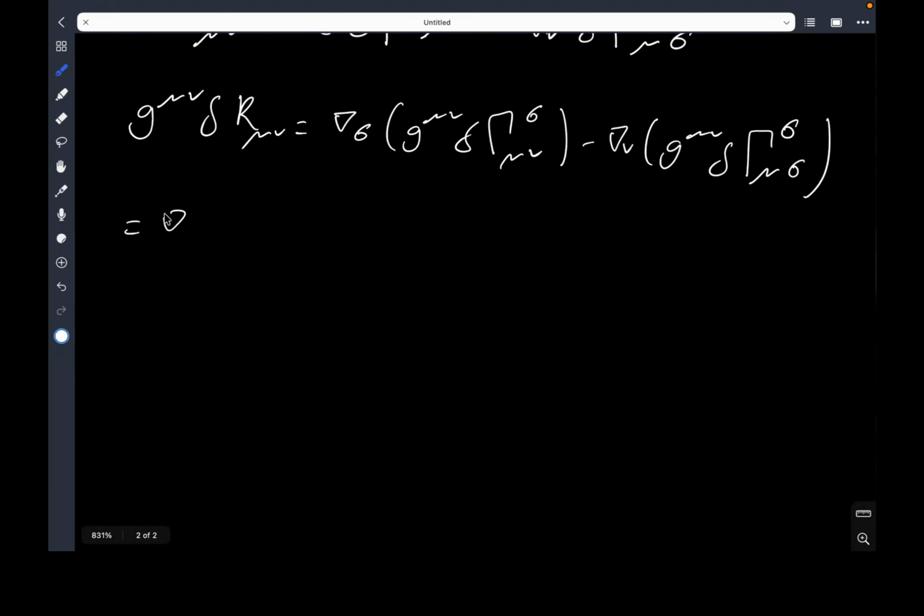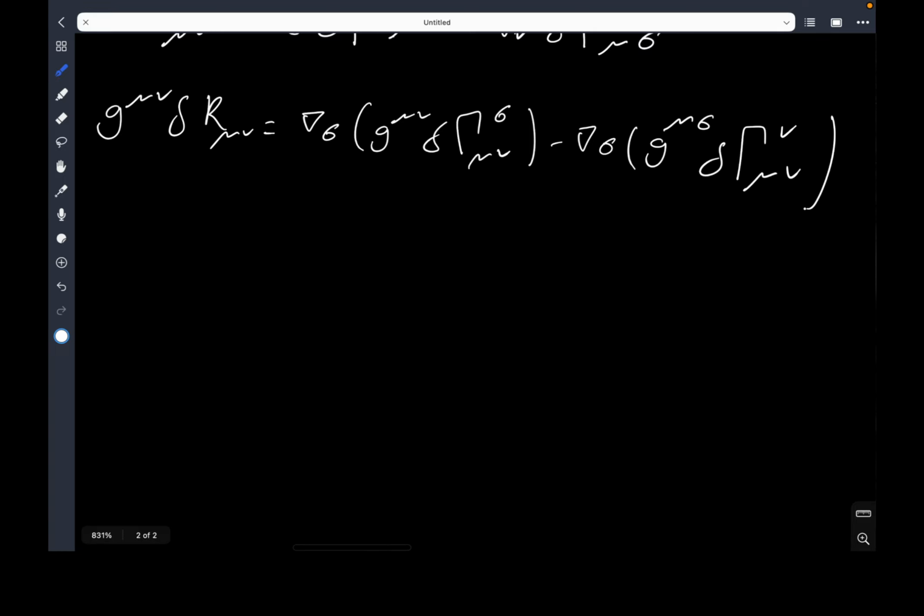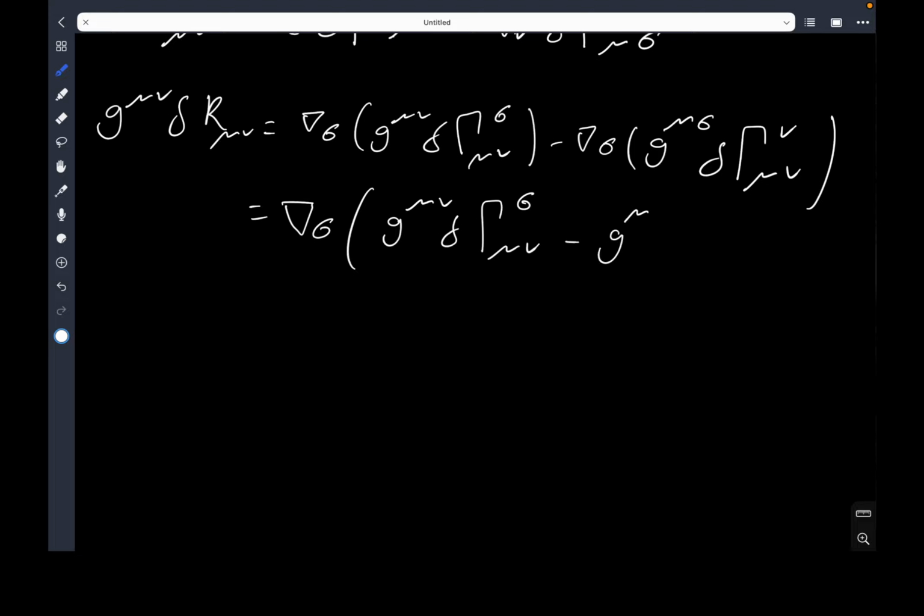So let me write it again here: the covariant derivative sigma of g mu sigma delta Christoffel symbol nu mu nu. And that whole thing here can be factored out to the covariant derivative of g mu nu delta Christoffel symbol sigma mu nu minus g mu sigma delta Christoffel symbol nu mu nu.